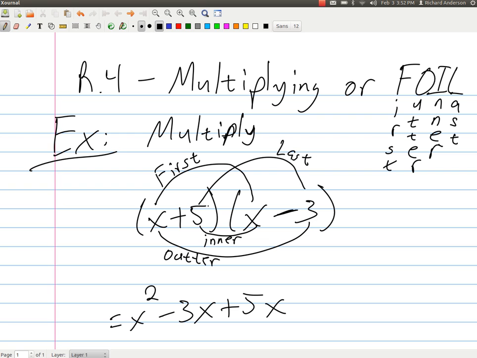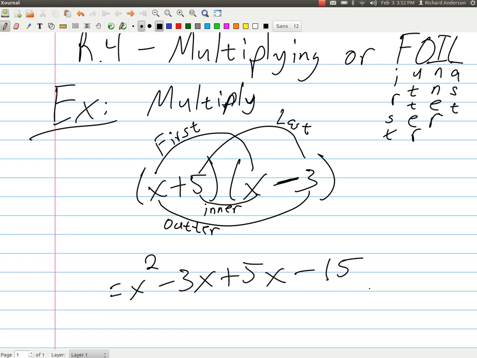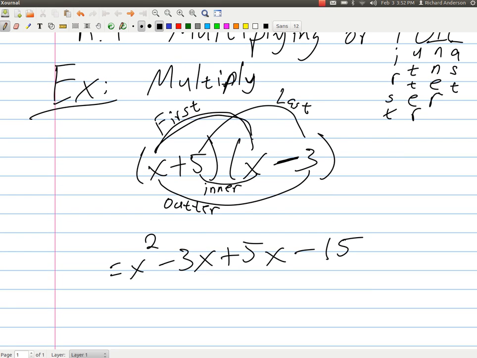All right. And 5 times, again, negative 3, because it has the minus sign in front of it, is going to be a minus 15 at the end there. Okay, so first, outer, inner, and last, just like that. That's where we get that acronym FOIL, and it's really just an acronym that helps us keep track of multiplying two binomials, is what we call them in a situation like this.